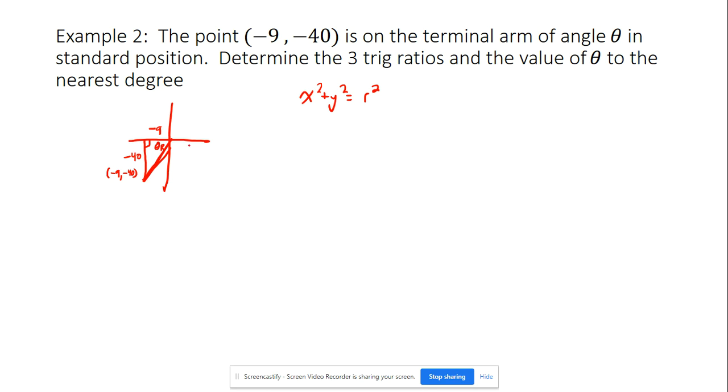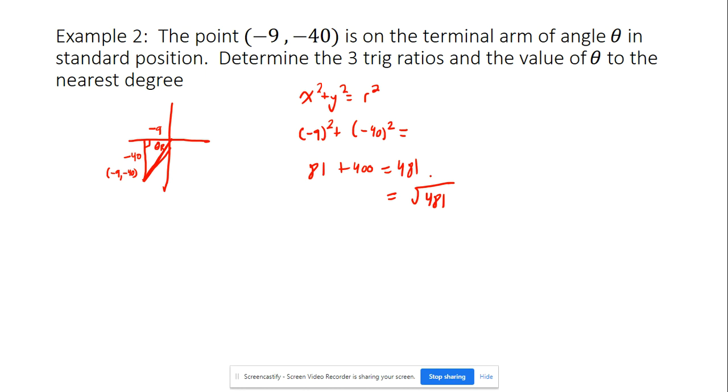So we have -9 squared plus -40 squared equals 81 plus 400 is 481, and the square root of 481 is not an exact value, so we're just going to leave this one as the square root of 481.